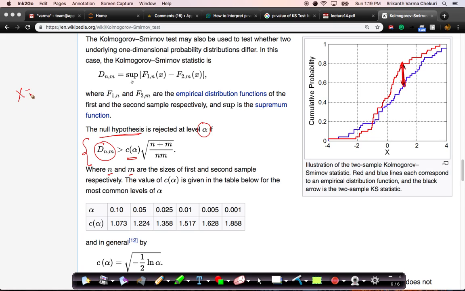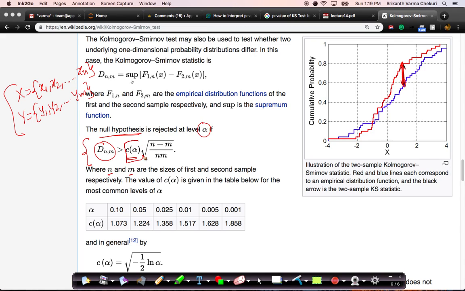So for random variable x, you have a sample x1, x2, so on, xn. Similarly, for random variable y, you have y1, y2, so on, ym. These are all the values that you have. And this is what we showed.